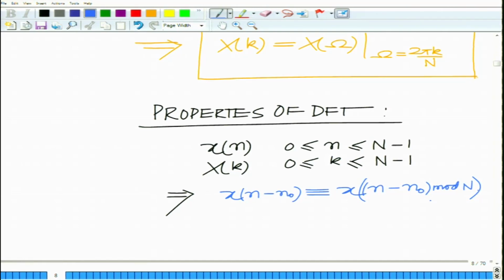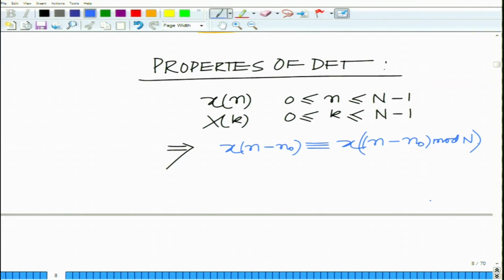For instance, let us say we have n equal to 1 and capital N equal to 4. Let us call x[n − n0] as x tilde.